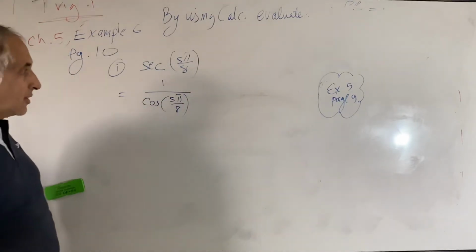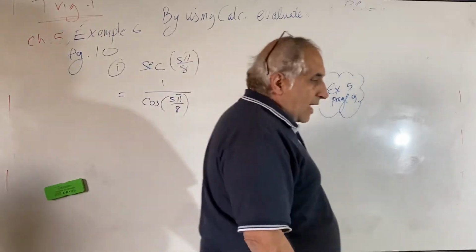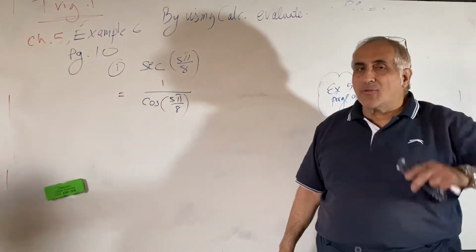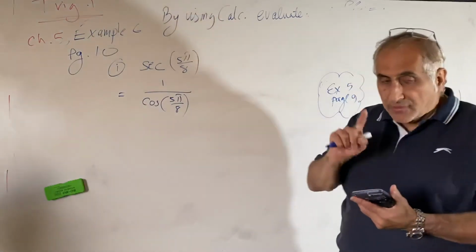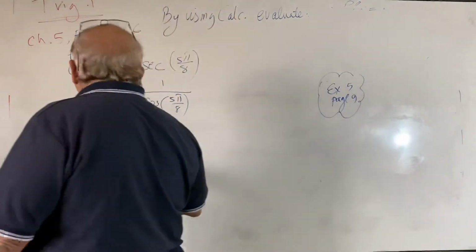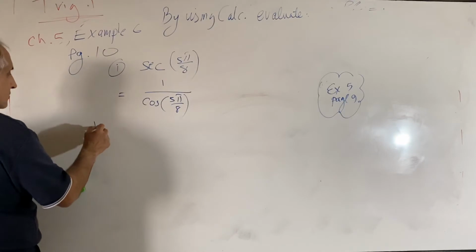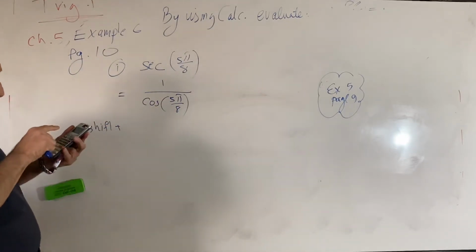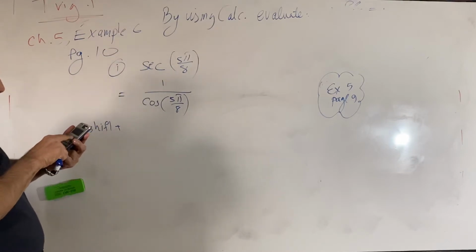And you don't have to convert these radians to degrees. I can use my calculator with radians. How? This is a trick. You're going to press shift, and go down to mode.